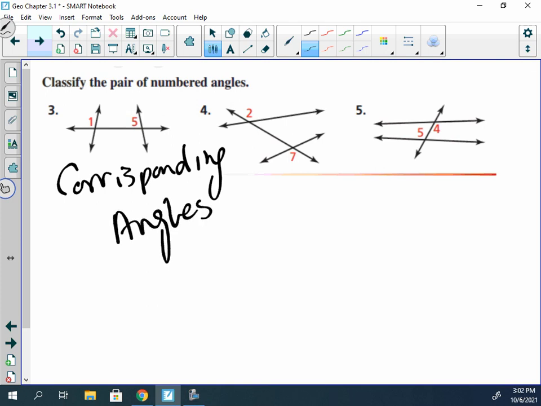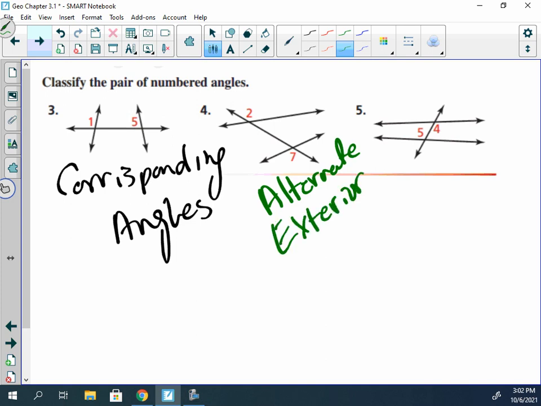Now this next one, 2 and 7, they're both outside, so we would have exterior, and they're on opposite sides of the transversal, so they are alternate exterior angles, because they're outside and opposite each other. So we just put alternate exterior angles. Questions on this here? Very good.